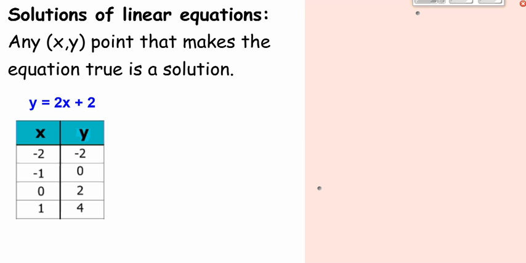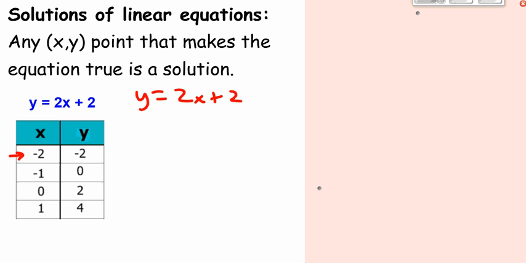All right, so here I have a table of values that I want to find out if the values are solutions to the equation. So what I have to do here is use my equation, take each of these points, plug them in and see if they come out to be a true statement.